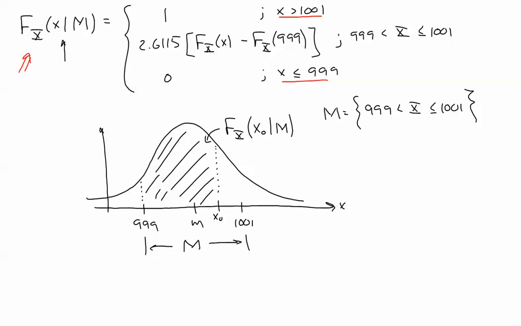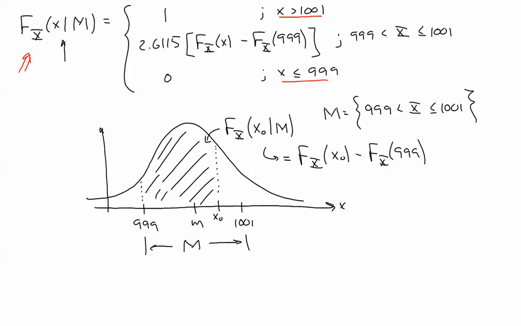The conditional cumulative distribution function for x evaluated at x naught, assuming that x naught is within the desired range, equals what? Equals the cumulative distribution function at x evaluated at x naught minus, we throw away all that stuff less than 999 millimeters. That's where that comes from.